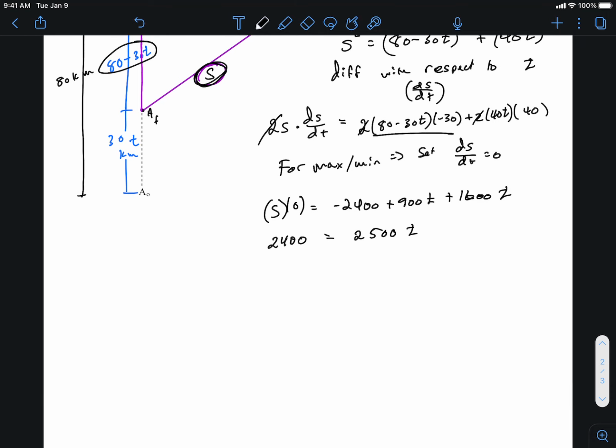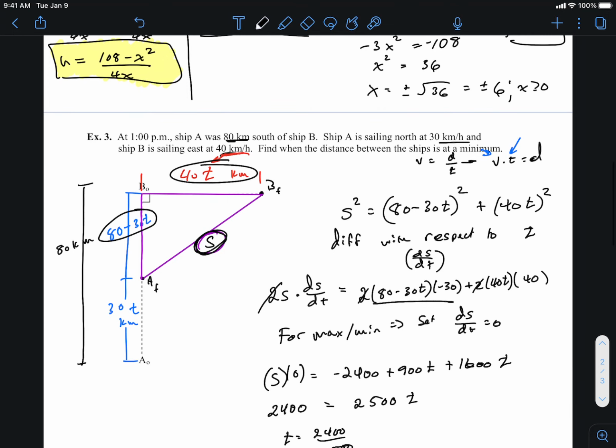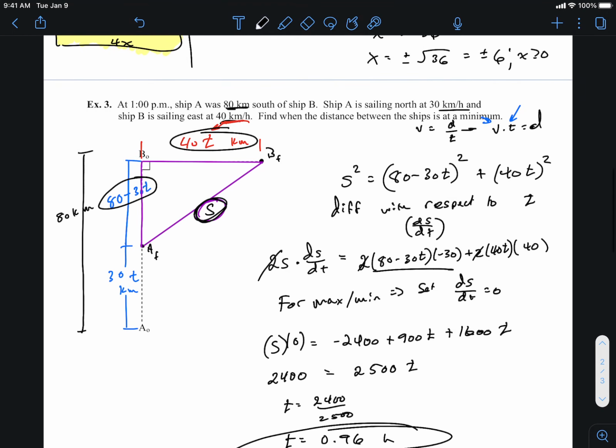And then t is going to equal 2400 over 2500, which is going to equal 0.96 hours. I don't think it actually explicitly did find the distance when the ships were at a minimum.